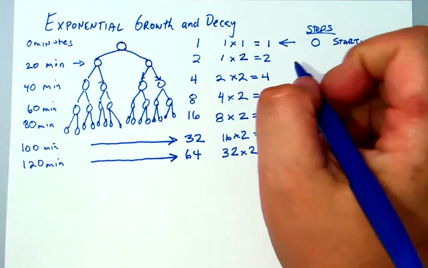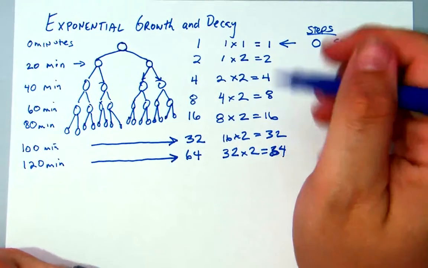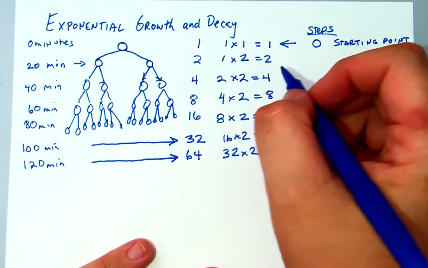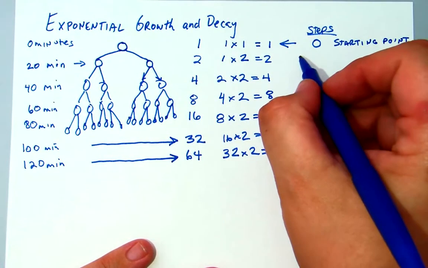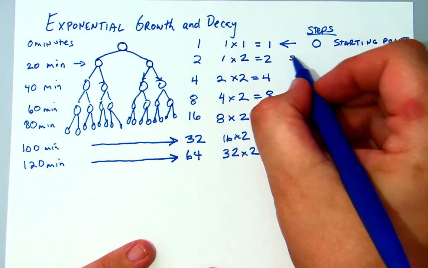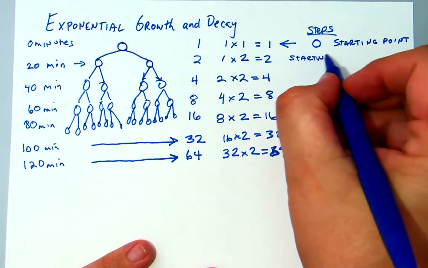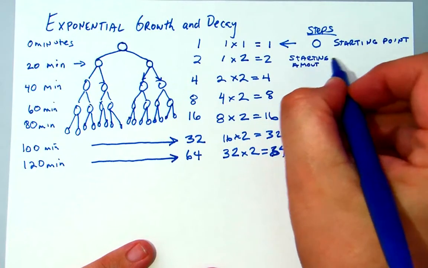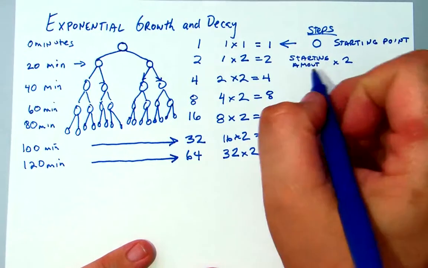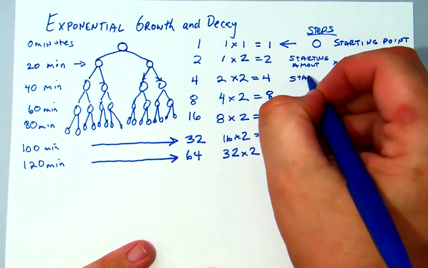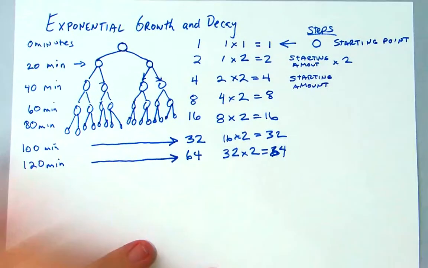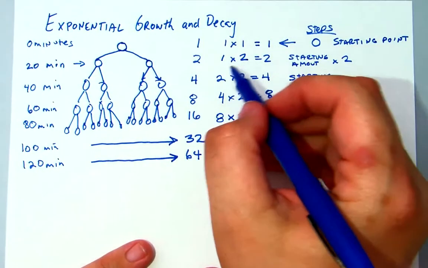And now, we have to take a look at what is the pattern. What are we doing to each step? Well, we're taking that starting amount. And in this case, you take the starting amount, which is 1, and we're multiplying it by 2. Now, let me ask you this. The starting amount. How does that relate back to here?